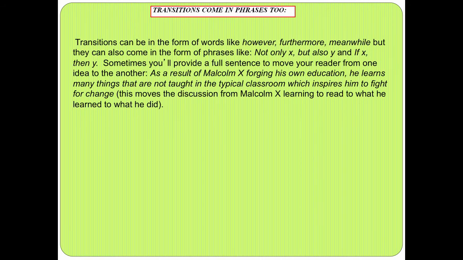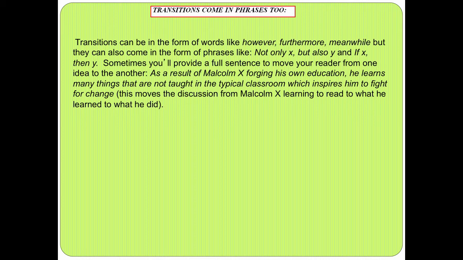Transitions come in phrases too. Transitions can be in the form of words like however, furthermore, meanwhile, but they can also come in the form of phrases like not only X, but also Y, and if X, then Y. Sometimes you'll provide a full sentence to move your reader from one idea to the other.